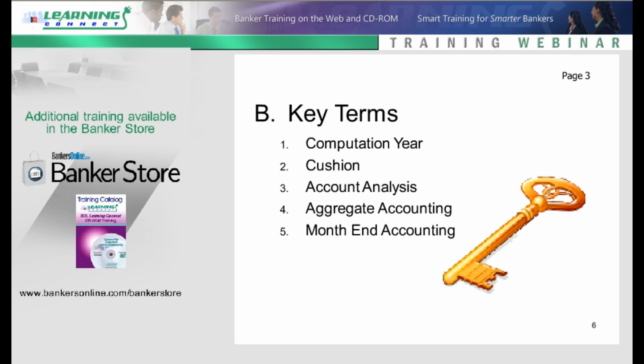Now you'll notice I didn't say anything about what day. Look at definition number 5 at the very bottom. Over and over and over in the escrow rule, subsection 17 of RESPA, you'll see this term, month-end accounting, but it's never defined. And this really leads me to a point.